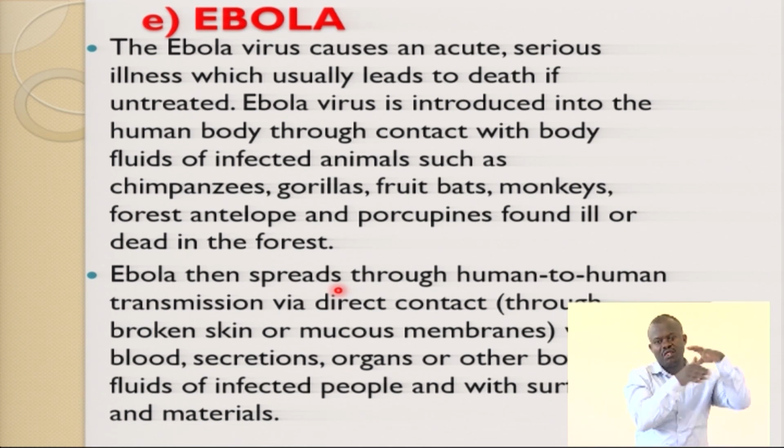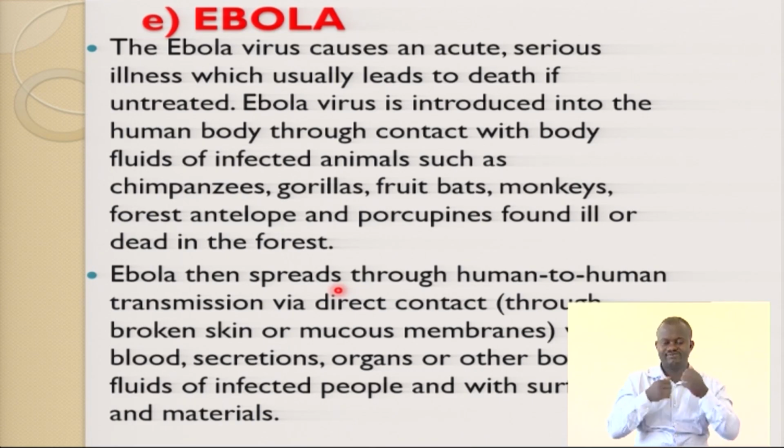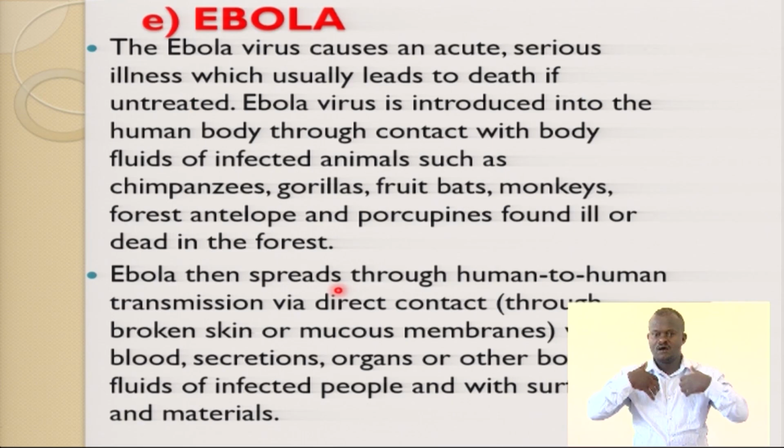We have monkeys, we have forest antelopes, and even porcupines found ill or dead in the forest, and we eat them. Take an example, these people who are poachers, they eat these animals, and you find these animals have been affected by Ebola.